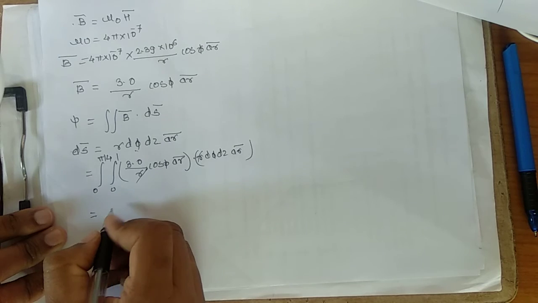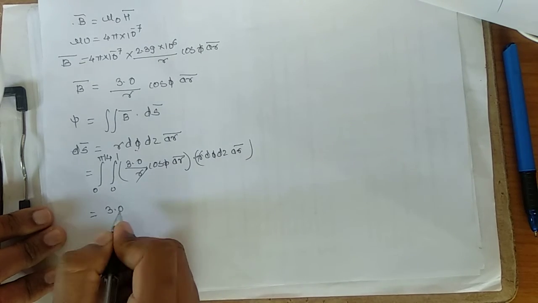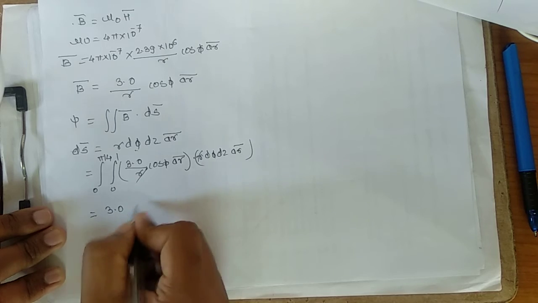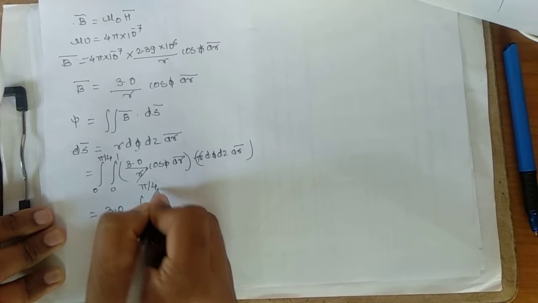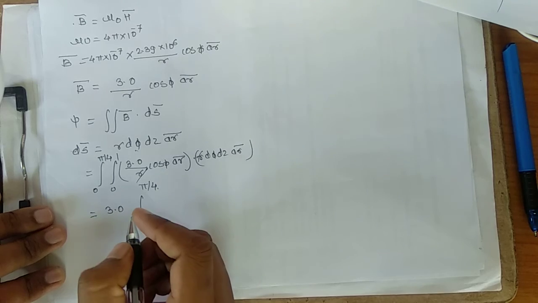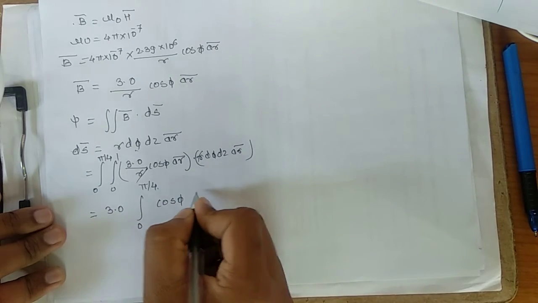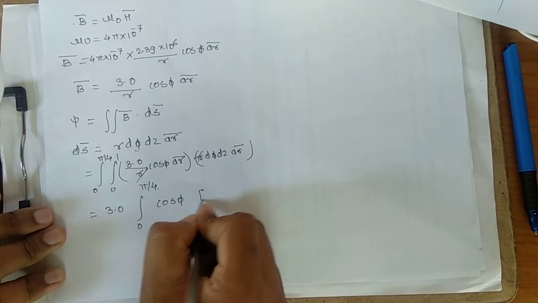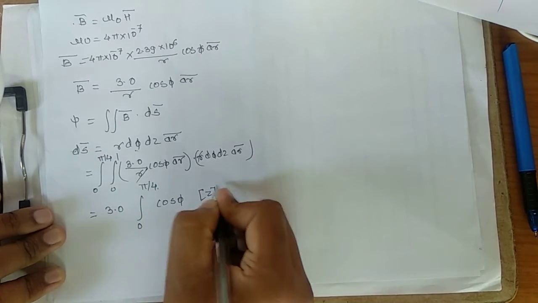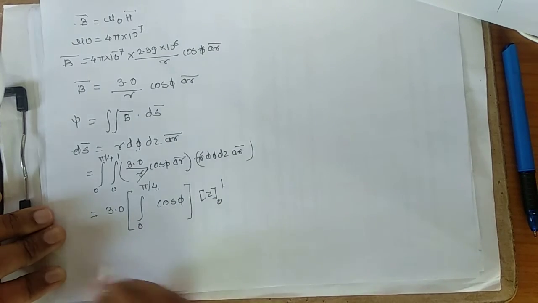Taking the constant 3.0 outside, the integral of cos phi from 0 to pi by 4 remains inside, and the integral of dz from 0 to 1 is z from 0 to 1, which is 1.